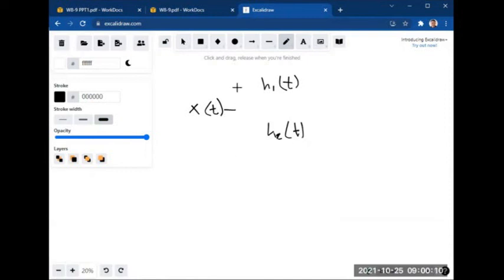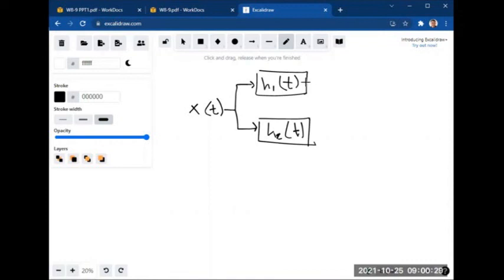If we do convolution with these signals, we will do convolution with x of t as the input. One impulse response is h1 of t, the other is h2 of t.